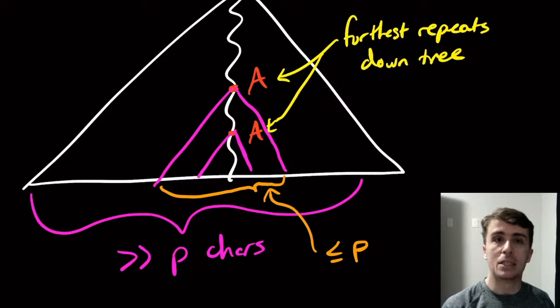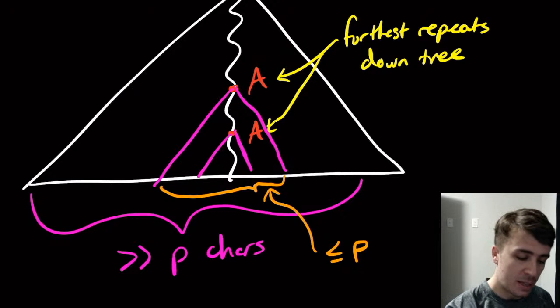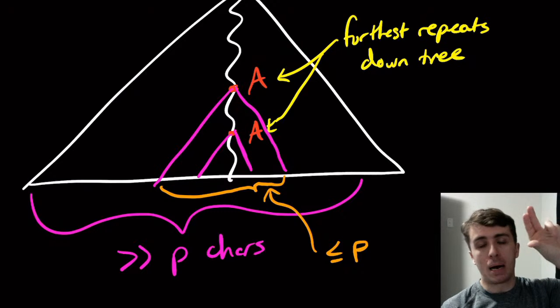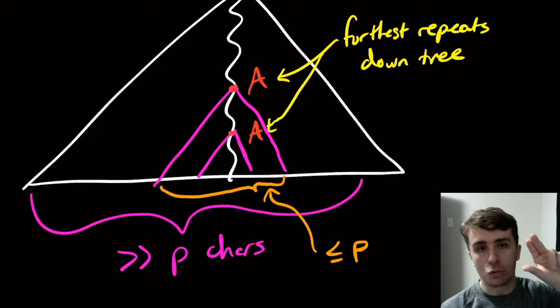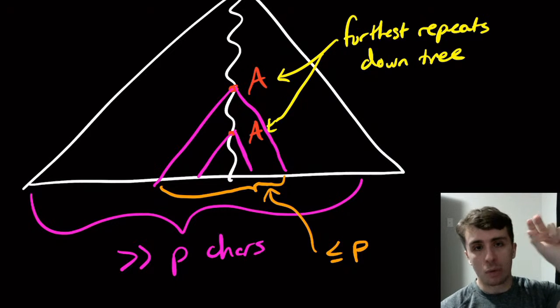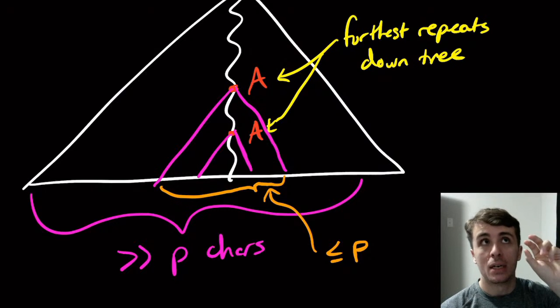Why? Because the same argument applies if we have exactly p characters. So even if the A's were as far up as possible, even though the furthest one's down, they're still really far away, then we can ensure this because of making the tree taller.